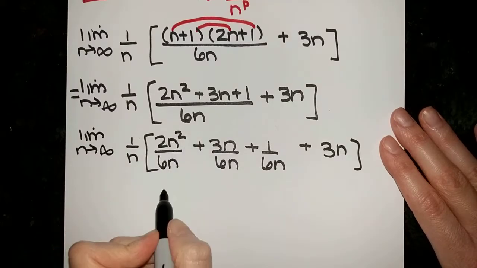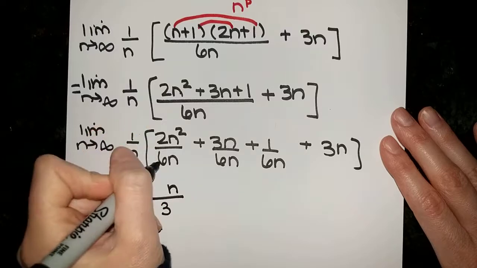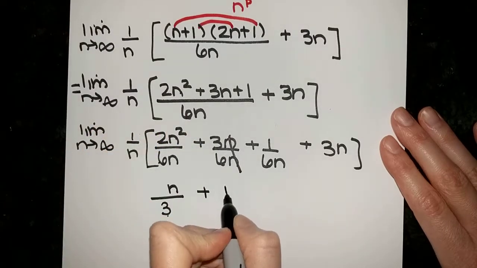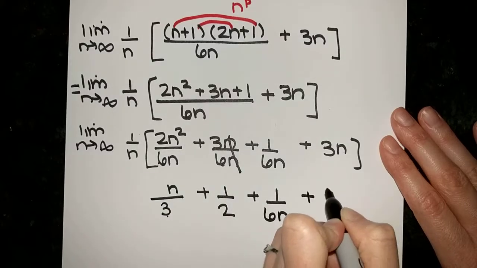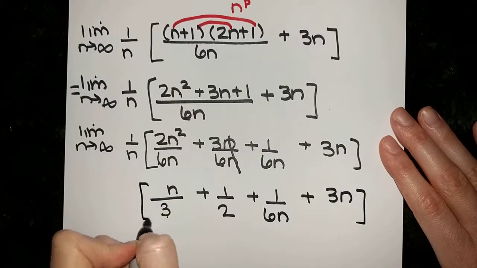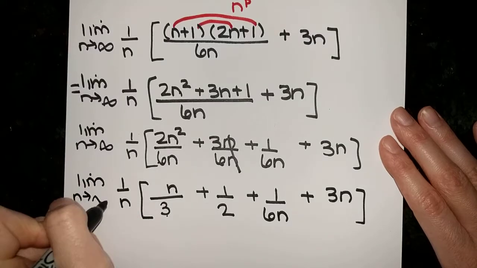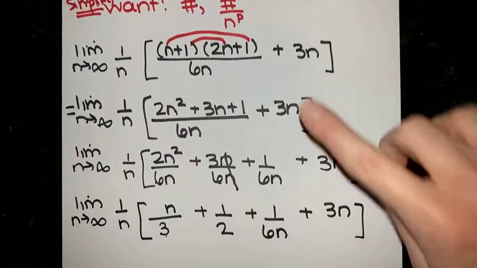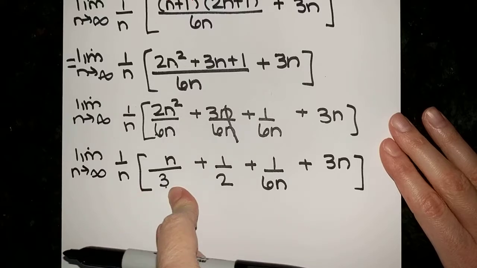So the n squared over n will become an n in the numerator, and then a 3 from the 2 over 6, the 3 in the denominator. Here the n's cancel, and I just get 1/2 plus 1 over 6n plus 3n. All right, now we're still not there because yes, it is true we want a number over n to a power p, but we do not have that. We have this 1 over n times this expression.